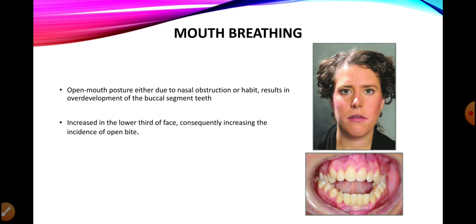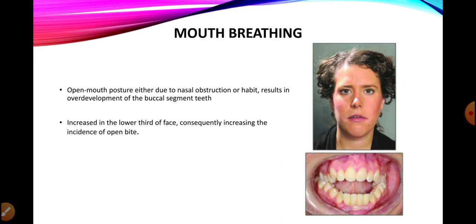If their mouth is open while breathing, the posterior teeth are free to erupt, and the eruption of the posterior teeth causes the mandible to rotate downward and backward, hence worsening the anterior open bite. In those cases, there is an increase in the lower facial third, incompetent lips, and an anterior open bite may be established.